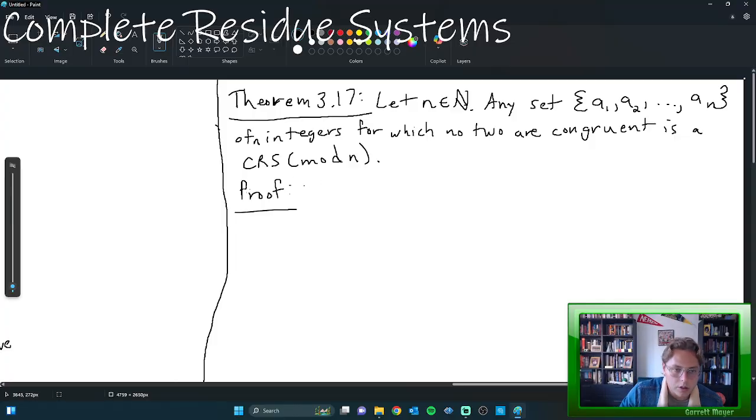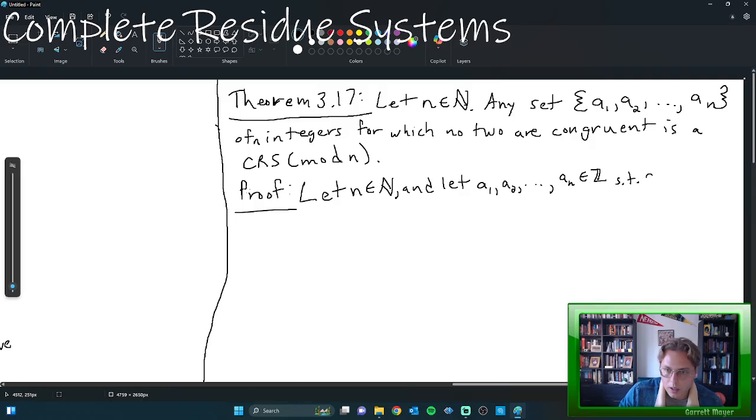So what we're going to do is let n be n, and a1, a2, ..., an all be integers such that ai is not congruent to aj mod n when i is not equal to j.